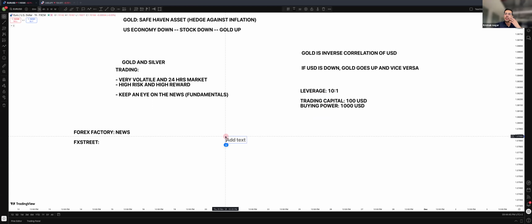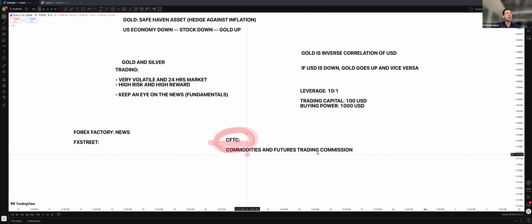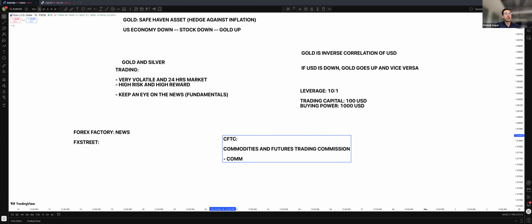Now, do commodities in the US come under the SEC? No, they come under a different regulation called the CFTC, which is the Commodities and Futures Trading Commission. Under this regulation, CFTC, you have commodities, Forex, and crypto markets.